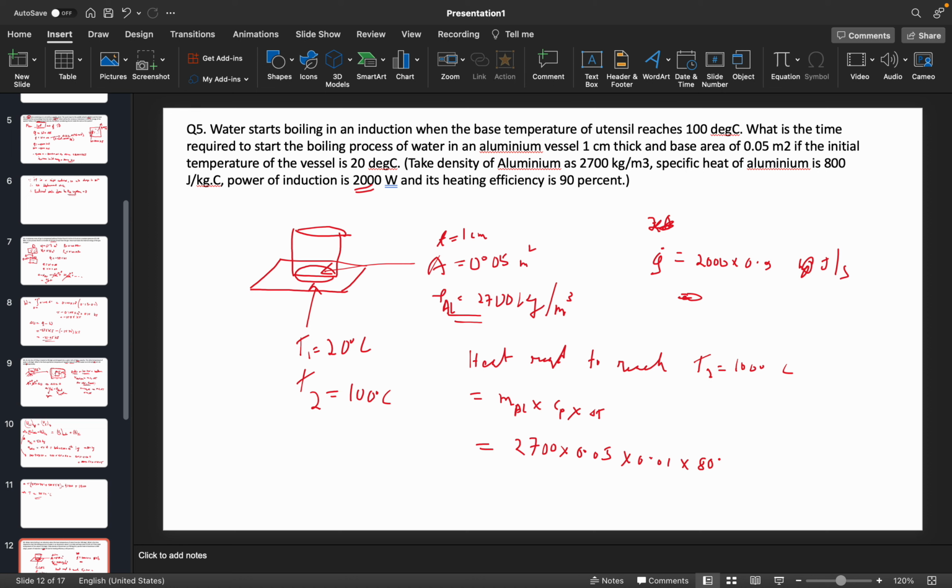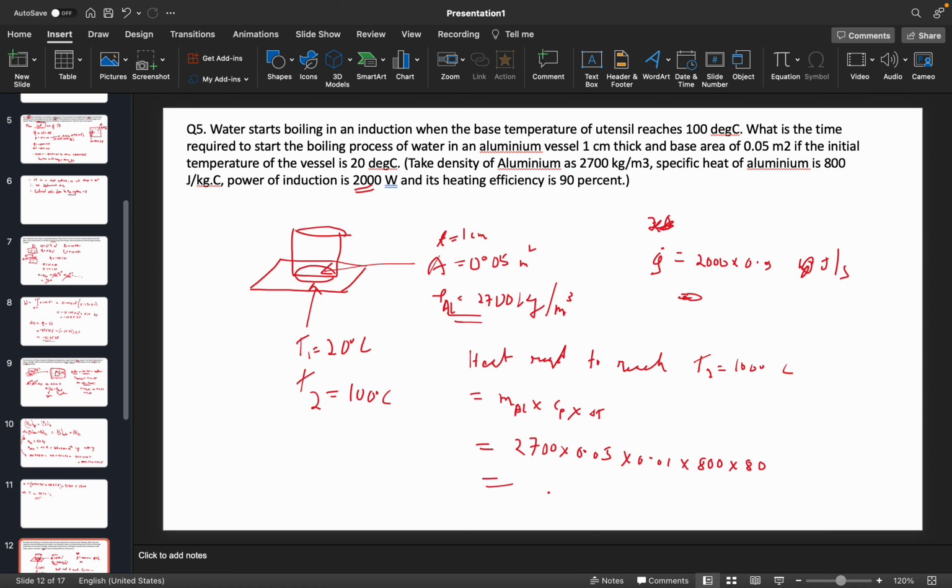So 800, and my delta T is 80. So this much amount of heat you require: 2700 into 0.05 into 0.01 into 800 into 80.